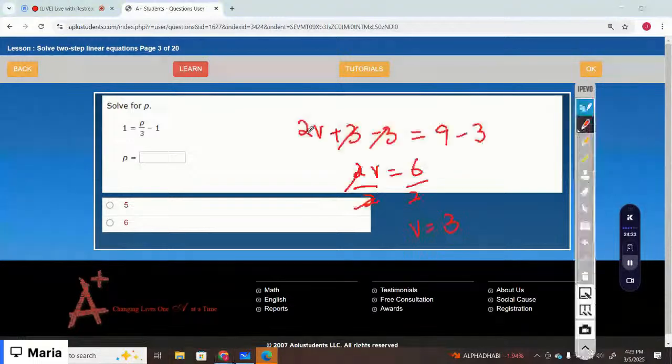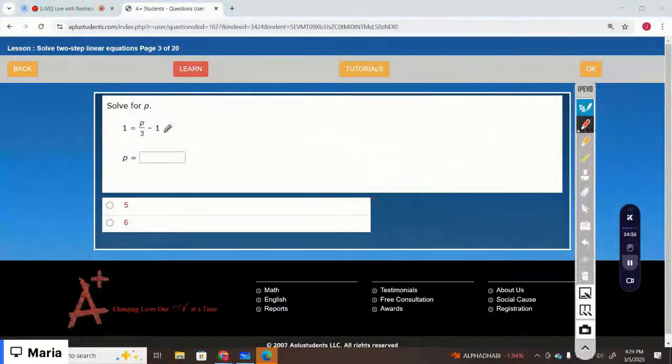You need to add 1 both sides because you have to isolate the variable P. So first let's just add 1 both sides because opposite to subtraction is addition, right?